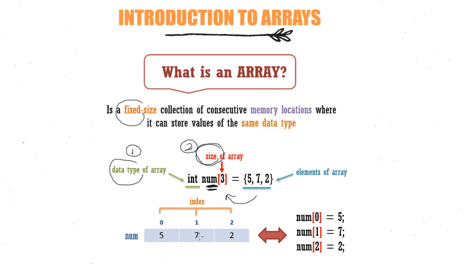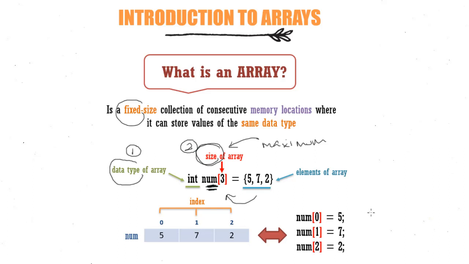There can be 1 data, there can be 2 data, there can be 3 data, but you cannot store more than 3, because this size will determine the maximum amount of data that can be stored inside your array. So if you want to store 4 data, you can't do that, because the maximum number of elements you can store inside your array is 3. So the size is very important when you declare your array. All right.